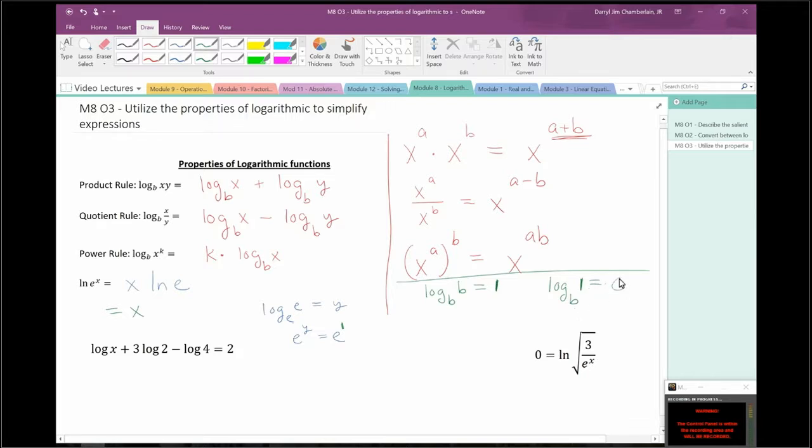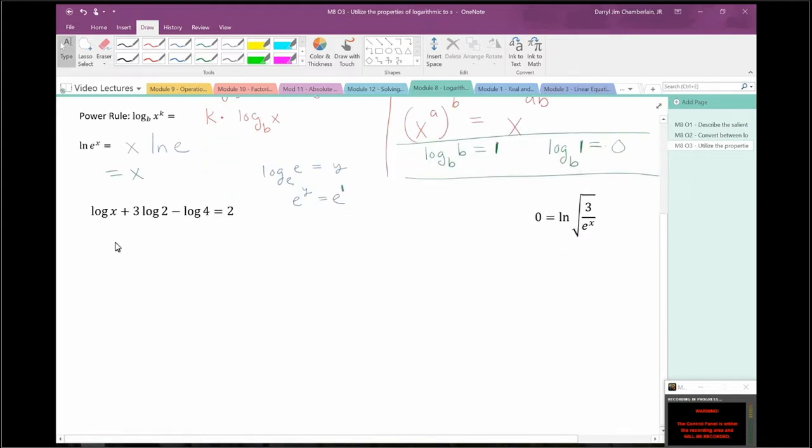And that's b to the 0 power. So using these properties and maybe some of these special properties, log base b of b is 1 or log base b of 1 is 0, we can simplify some expressions and solve for values.